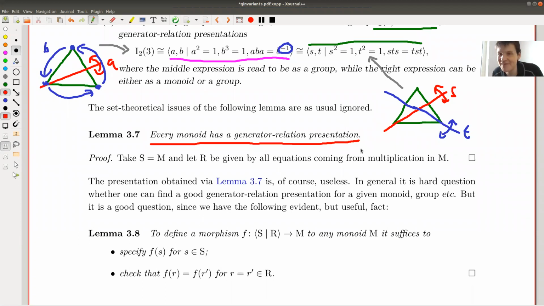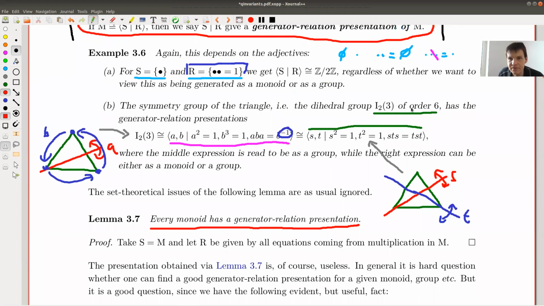You could take just S to be this M itself, so any element is a generator. Cool. And you impose the relations to be exactly the ones coming from multiplication in there. Yeah, that's a generator and relation presentation. It's just a super useless one, right? The point of generators and relations is not that there exists one, that's good to know, but rather that you find a very handy one.